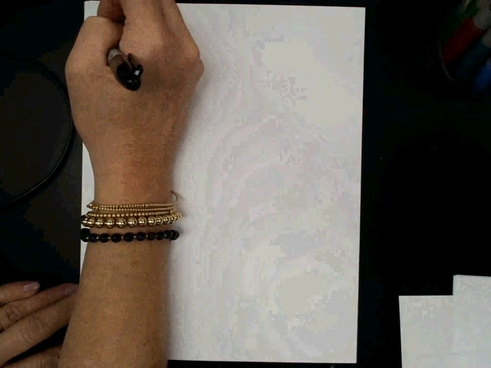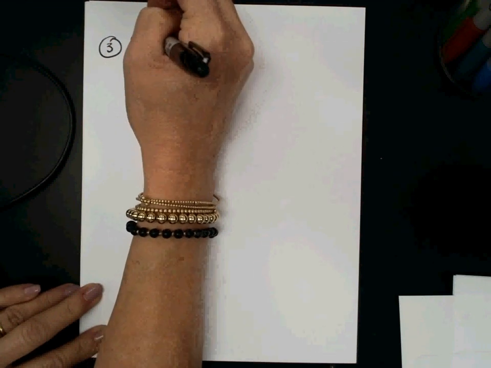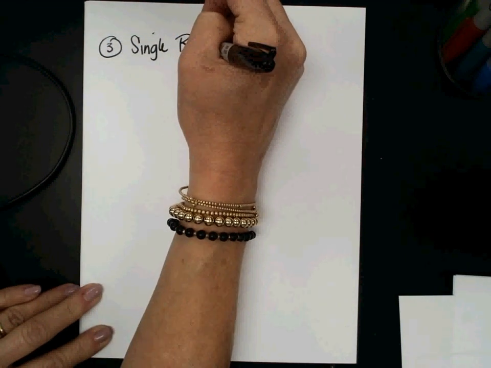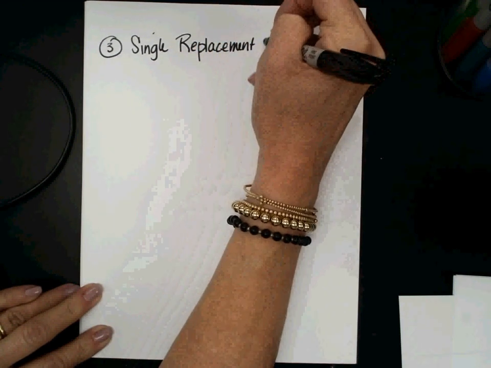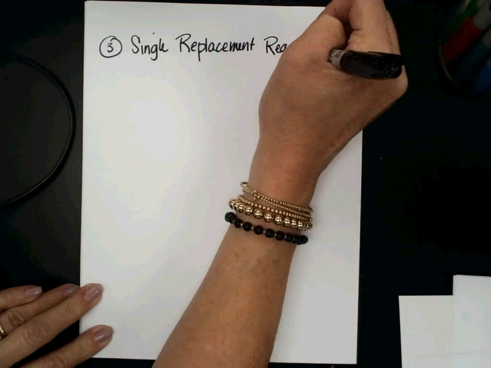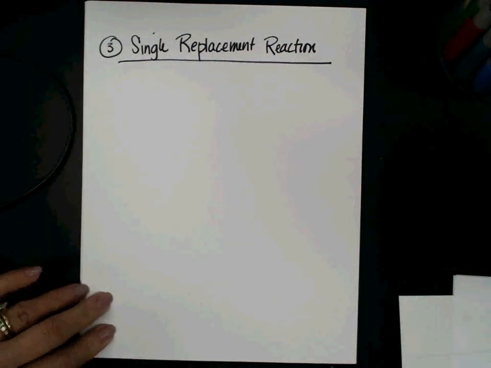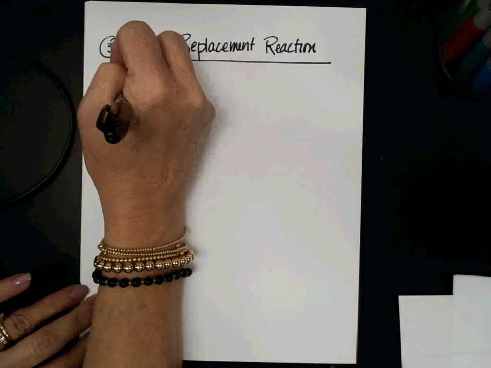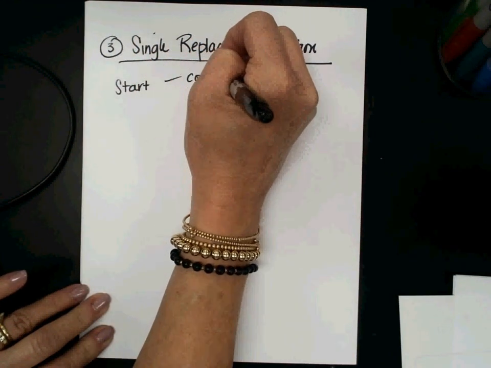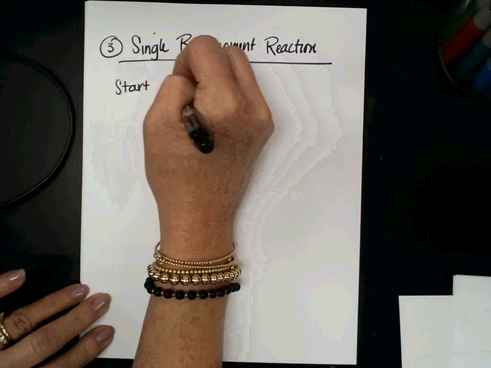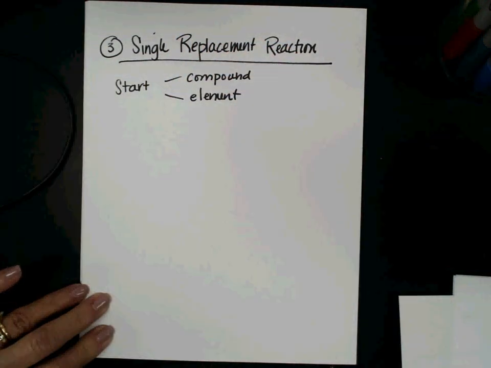All right, the third type is called a single replacement reaction. And that is where at the start you have a compound and an element, or something in elemental form.